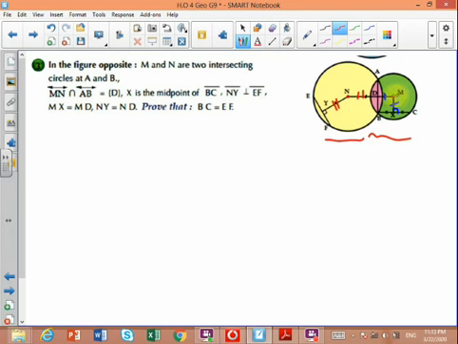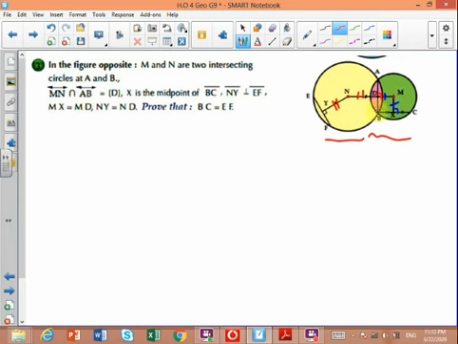Okay, let's think, what can I deduce from here? First, I can deduce that since MN is the line of centers and AB is a common chord, then MD will be perpendicular on AB. And also, as X is the midpoint, MX is perpendicular on BC. If you notice well, I have MX equal to MD, the two lines here, and this is a chord.